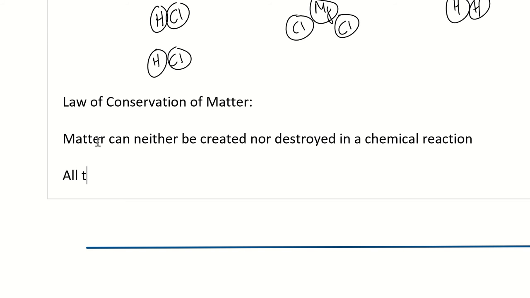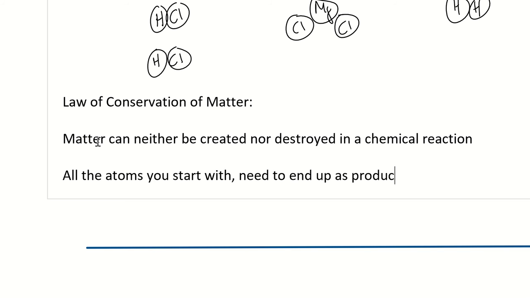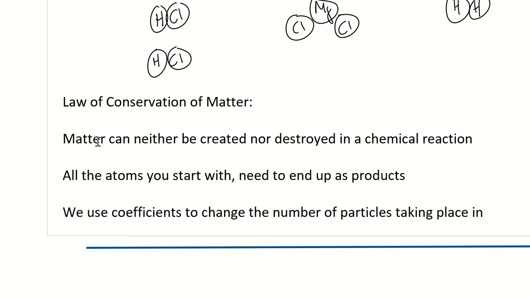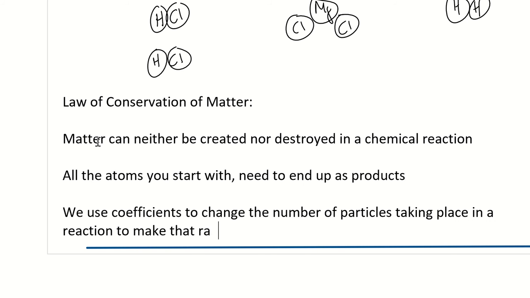That is to say, all the atoms you start with need to end up as products. How does that happen? We use coefficients to change the number of particles taking place in a reaction to make that reaction balance.